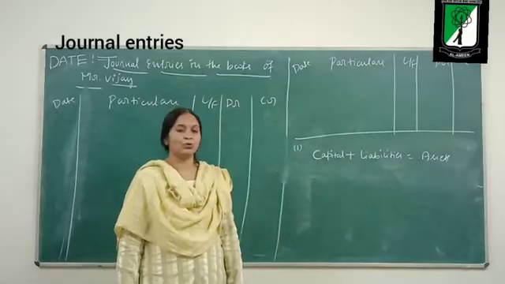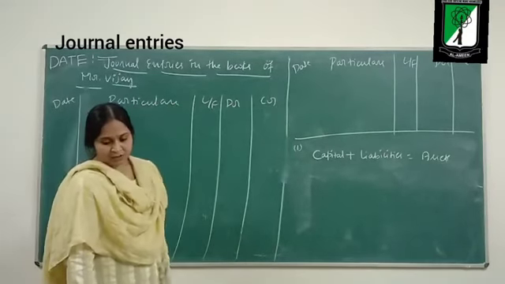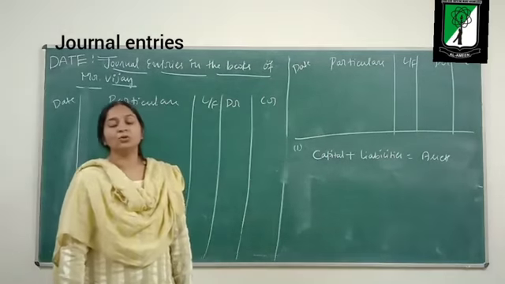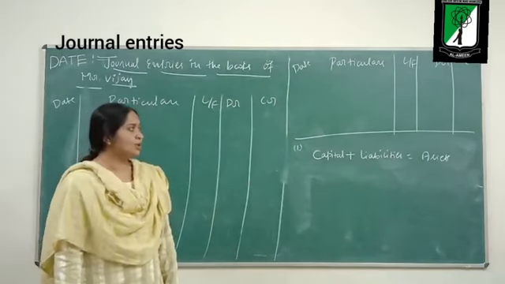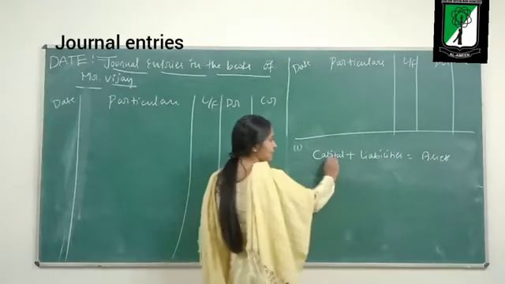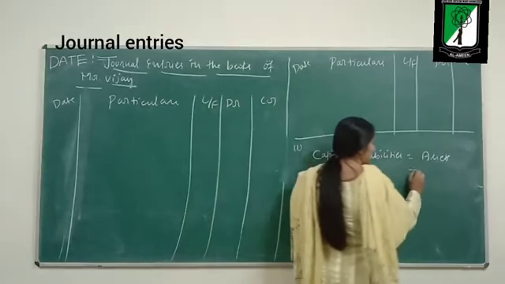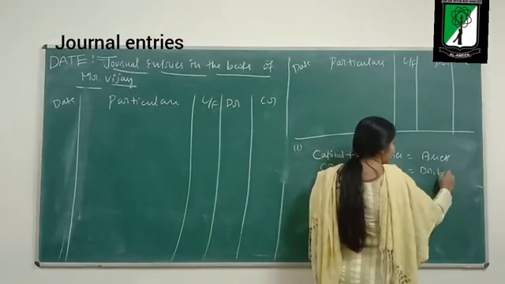Now here in this transaction, what is happening? Cash paid to Sheila rupees 2000. Already I have told you, capital plus liabilities will always have credit balance, and assets will always have debit balance.